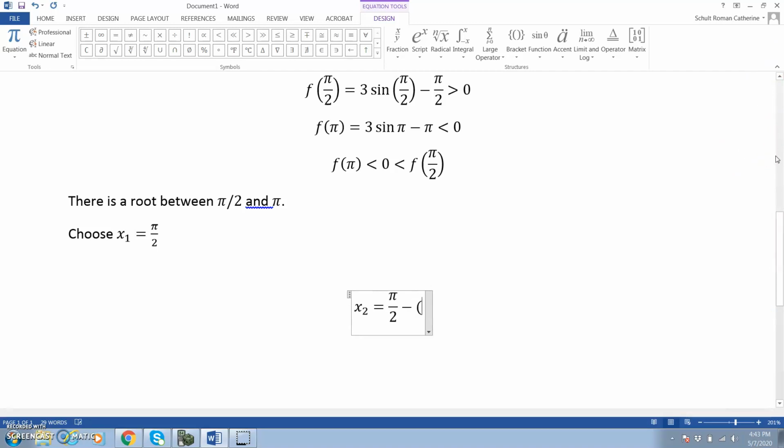I need parentheses around my numerator. All right, so just plugging things into our function, and then I'm going to plug in pi over 2 to the derivative.